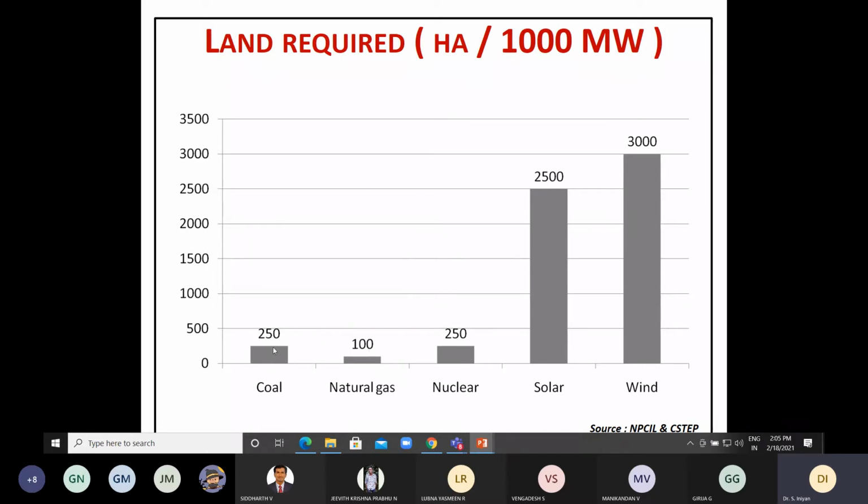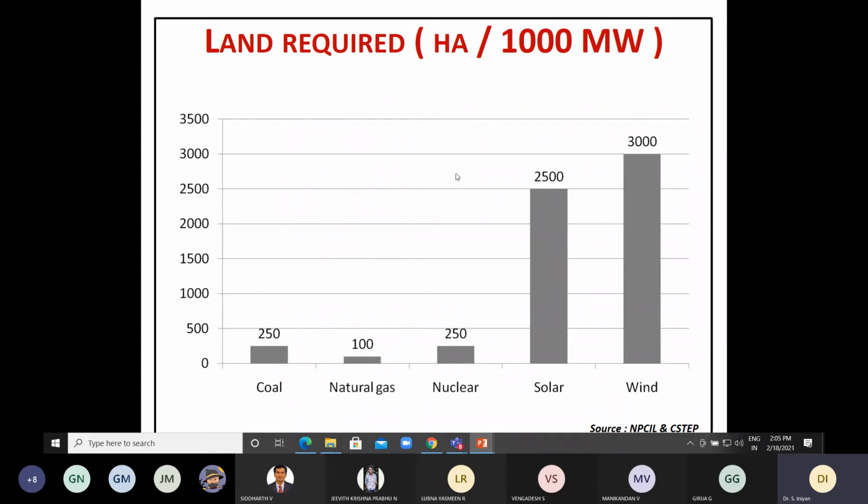And natural gas requires less land compared with coal. And for nuclear, which is equal to coal, the same 250 HA is required for generating 1,000 megawatt. And for solar, it comes around 2,500 HA for generating 1,000 megawatt, right?